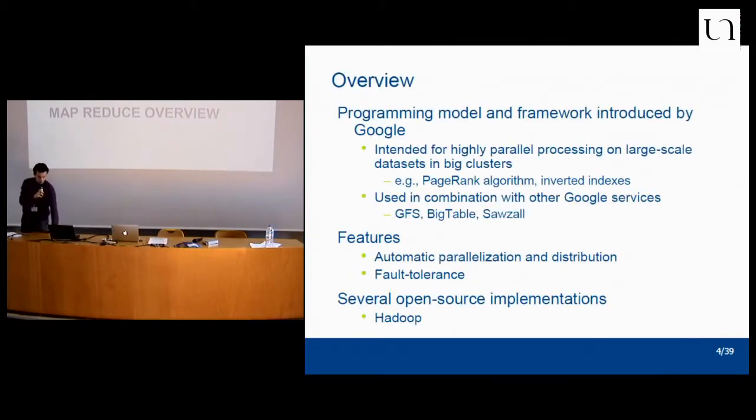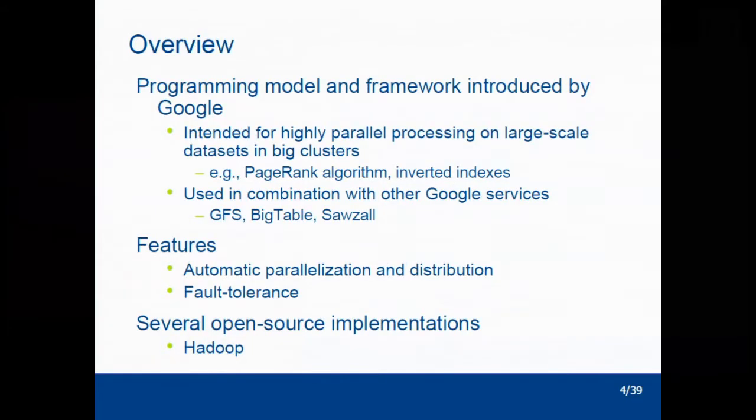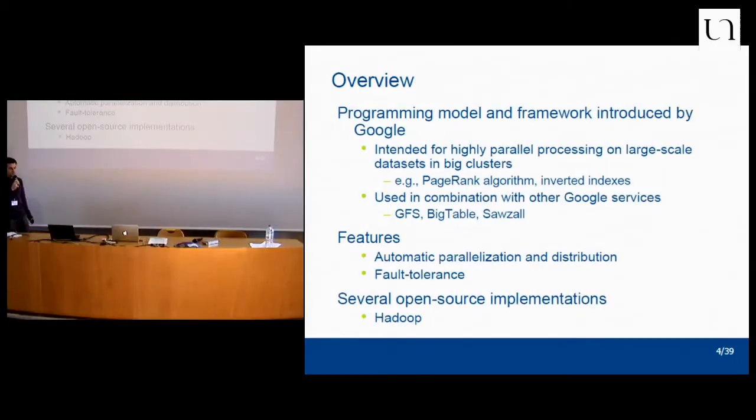So first, let's do the review of MapReduce. As I guess many of you know, MapReduce is both a programming model and a framework that was introduced by Google, intended for highly parallel processing of large-scale datasets. In particular, it was aimed at the parallelization of problems like the PageRank algorithm or the generation of inverted indexes.